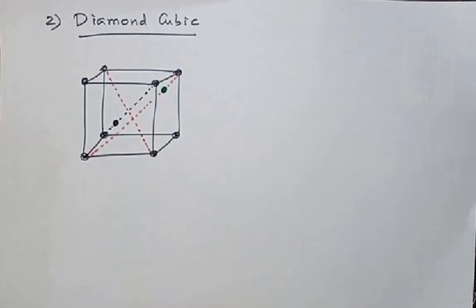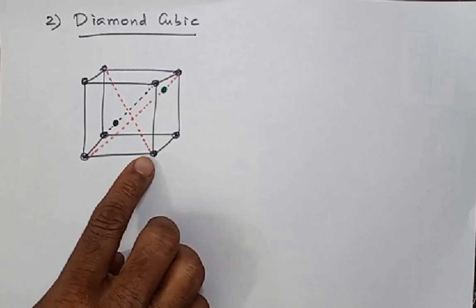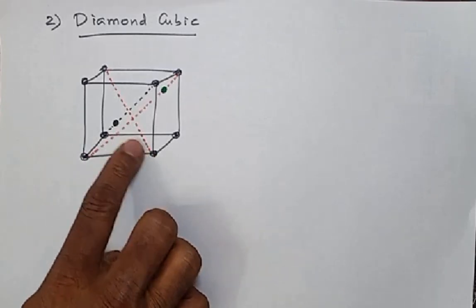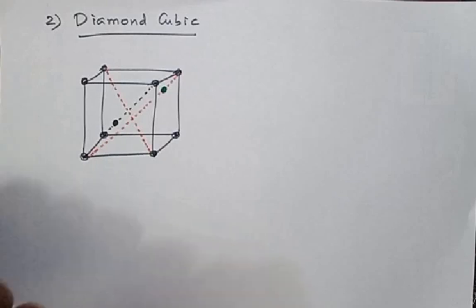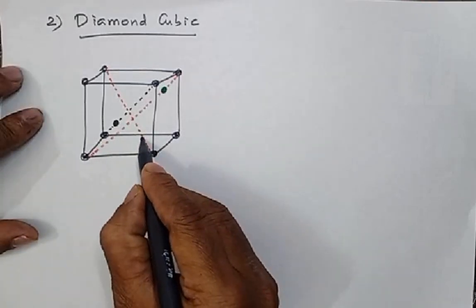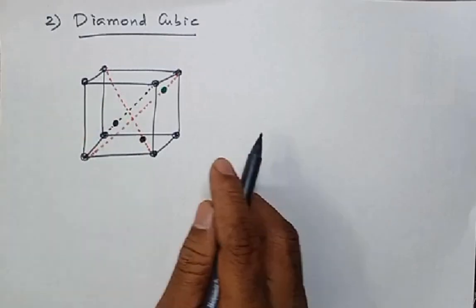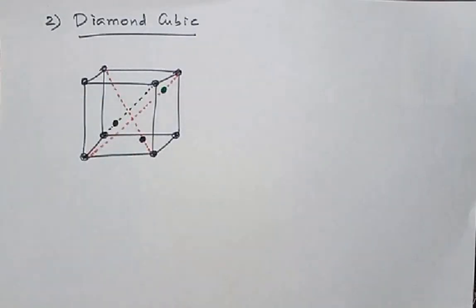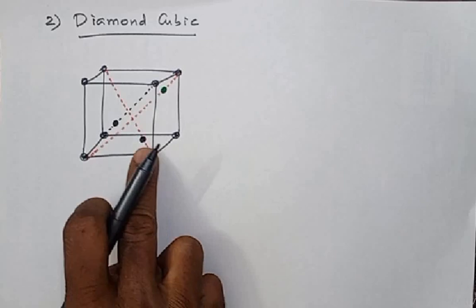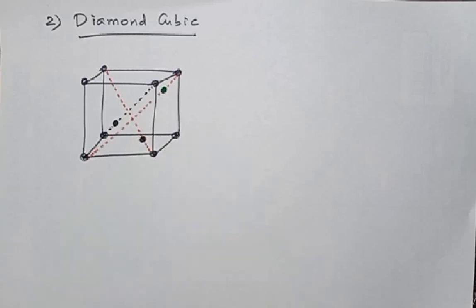Now I'll place an atom at 1 by 4 position from this corner, approximately here. At 1 by 4 distance from this corner, an atom is present.